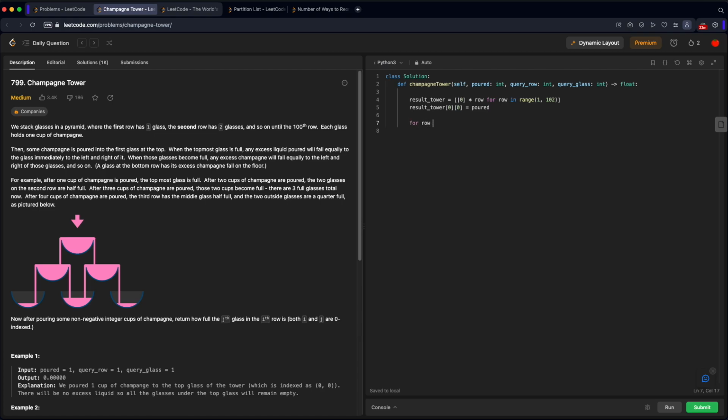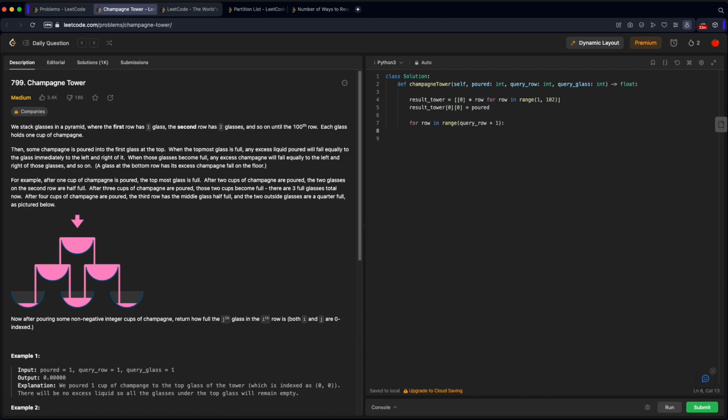So for every row in our actual tower, that's going to be in range, from 0 to, actually we only need to go up to query row. We've allocated space for the entire tower, but we really only need to go up to our query row. Since this range is non-inclusive, we do have to add 1, so query row plus 1.